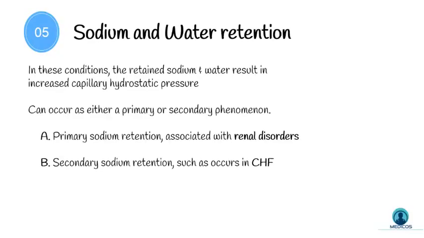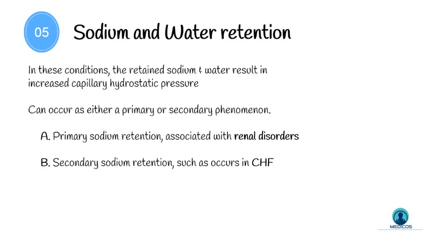When it comes to the fifth factor, we find sodium and water retention. Sodium and water retention occur in various clinical conditions such as congestive heart failure and renal failure. And in this condition, the retained sodium and water result in increased capillary hydrostatic pressure, and it can occur either in primary or secondary phenomena. In primary sodium retention, it's associated with renal disorders like nephritic syndrome.